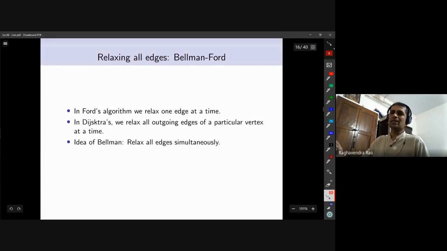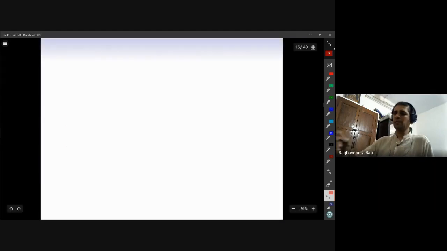We'll now discuss the second popular algorithm. Before going to that, the limitation of Dijkstra is very well pronounced: no negative weight edges.